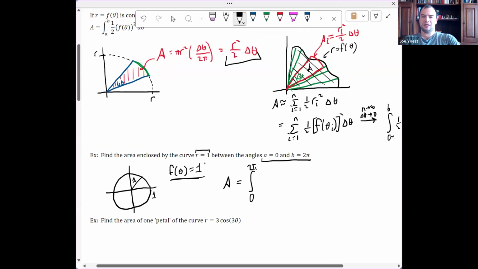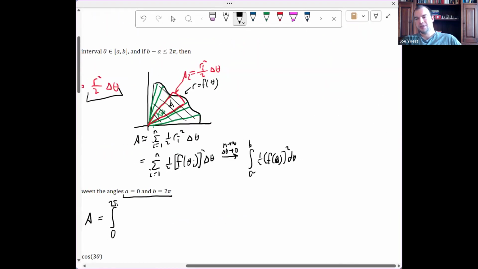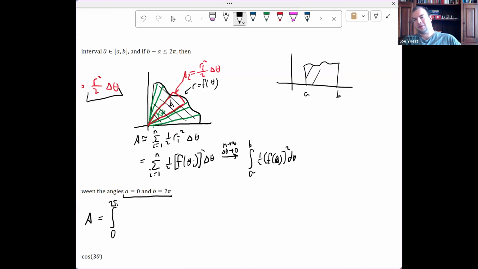One thing that happens here, just a little side note: if we had Riemann boxes from say A to B and I have a certain area here, if I push B out a little bit further, I just get more of the function that I find the area under. That's a pretty reasonable thing to do.